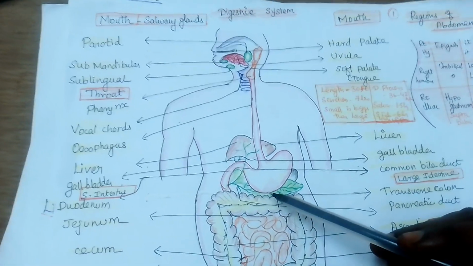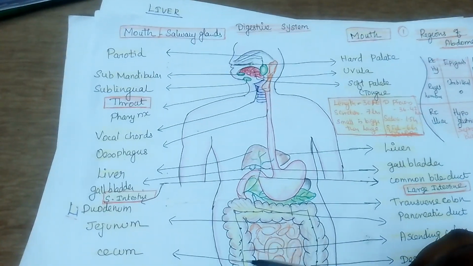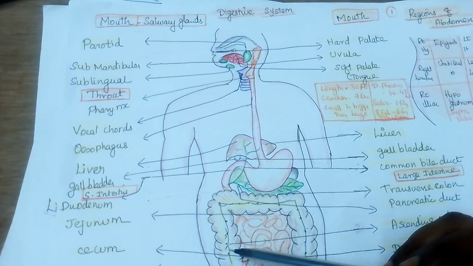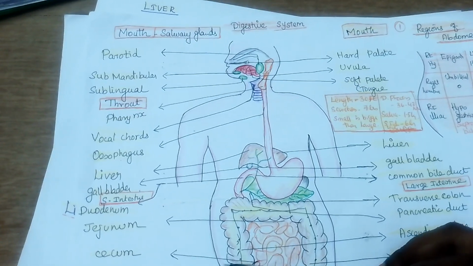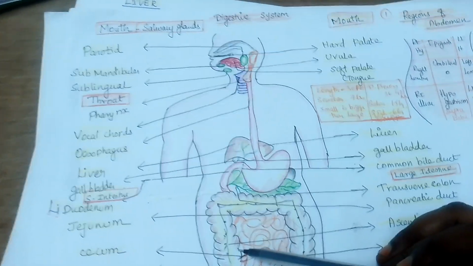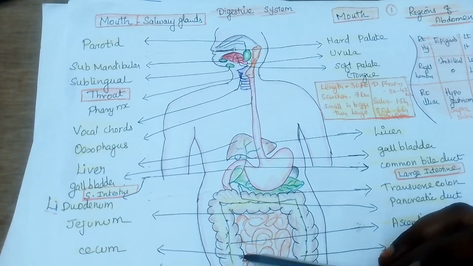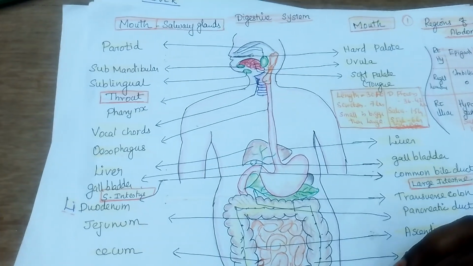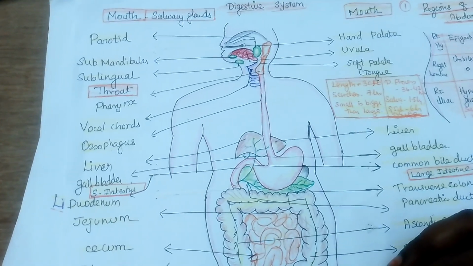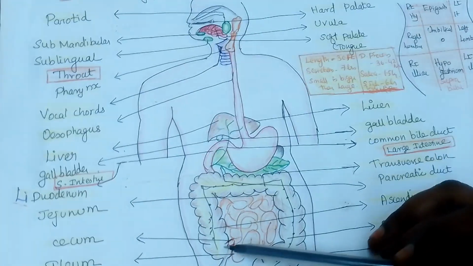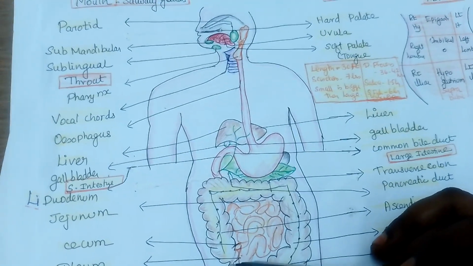Then the cecum. This is the broadest part of it. Its width is about 7.5 centimeters. Why is it called the large intestine? Because the width is very big. That's why it is called this. This small finger-like projection on the cecum is called the vermiform appendix. In 80% of people the function is idiopathic.